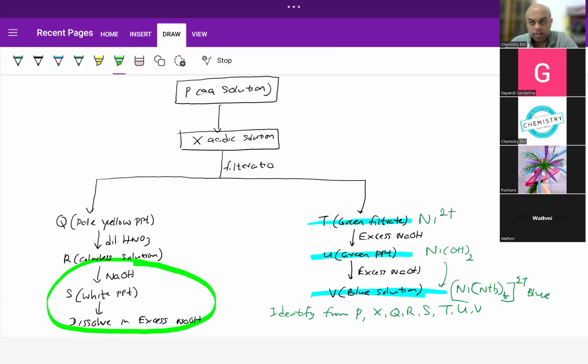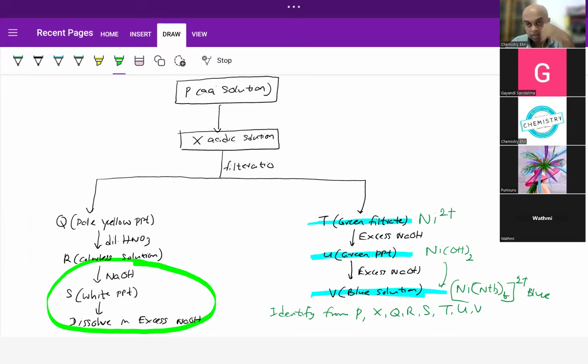With sodium hydroxide, it is creating a white precipitate, and it dissolves in excess sodium hydroxide. So what are the hydroxides which are dissolved in excess sodium hydroxide by creating a colorless solution from a previously white precipitate? It's clearly mentioned. With sodium hydroxide, it is creating a white precipitate.